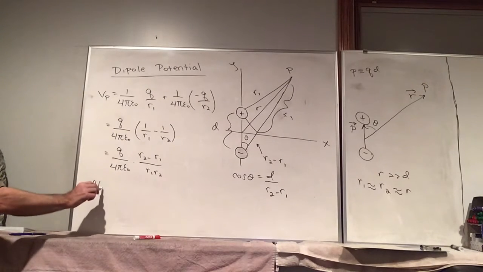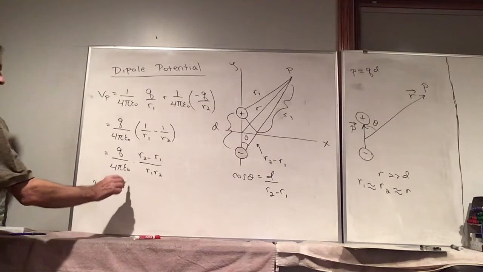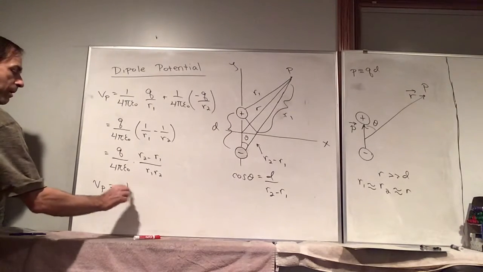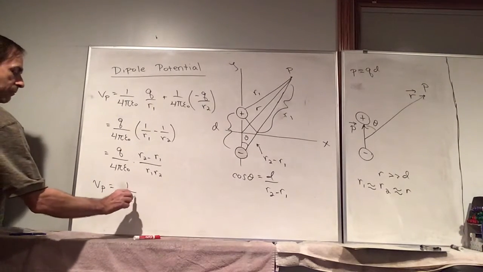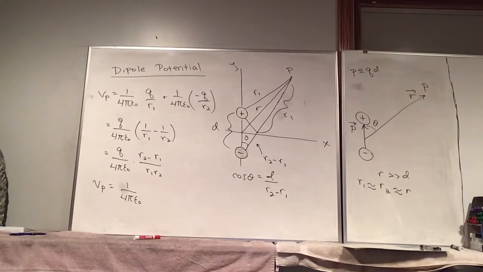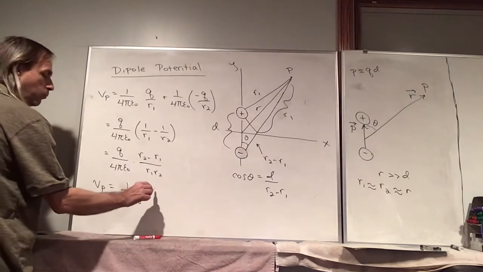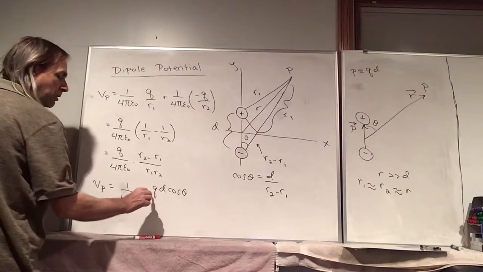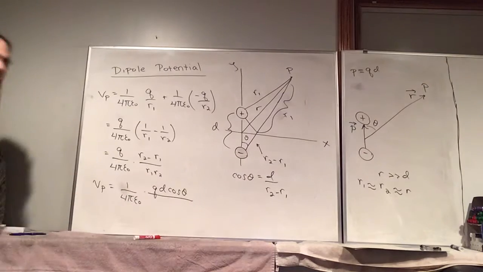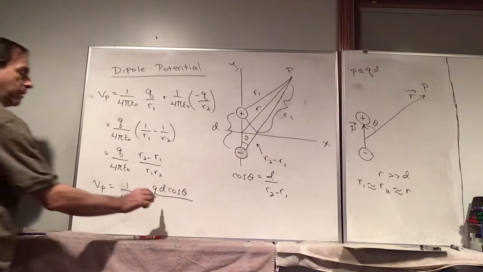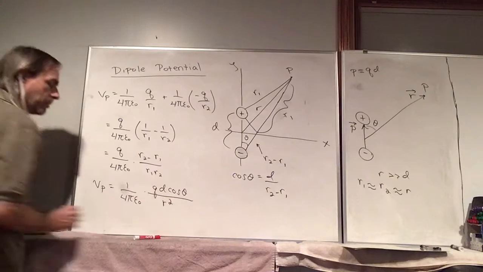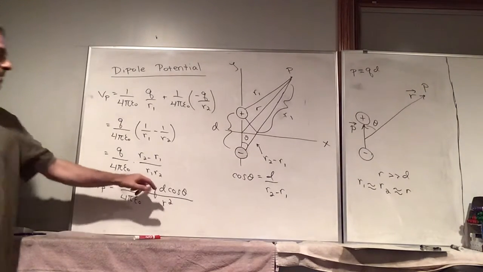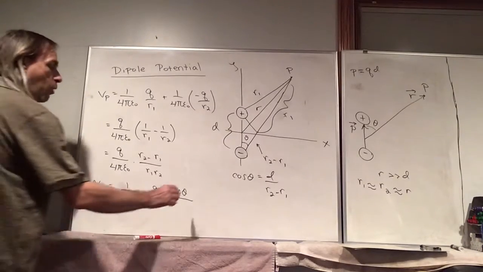So here we have the potential at point P. We take this 1 over 4 pi epsilon naught by itself, and then we have Q times d cosine theta, and r1 and r2 are each approximately equal to r, so that's r squared. And remember, Q times d is just the dipole moment.